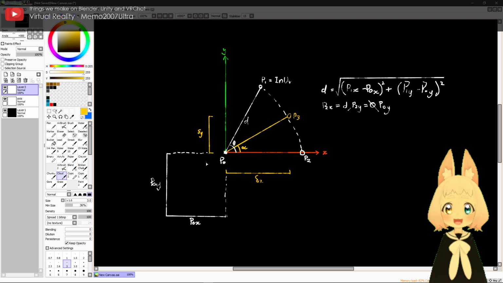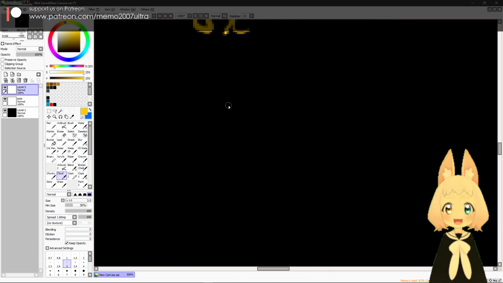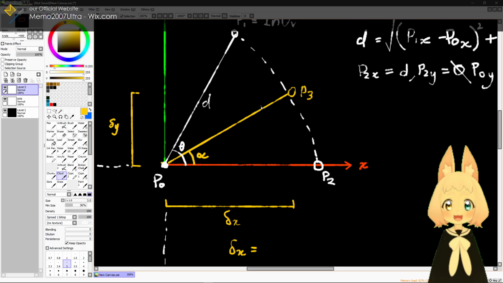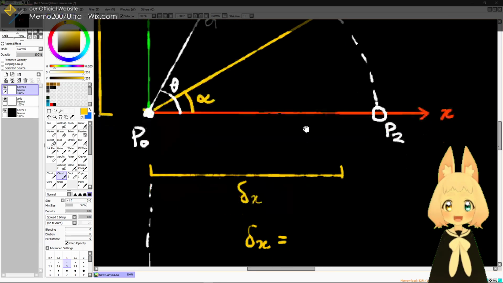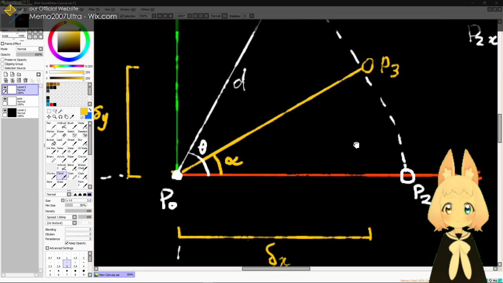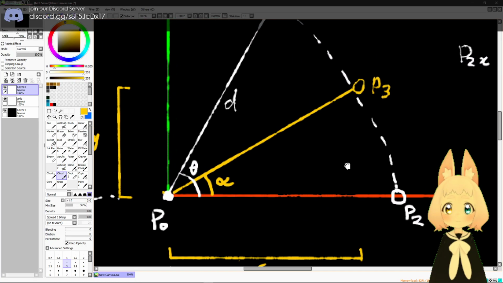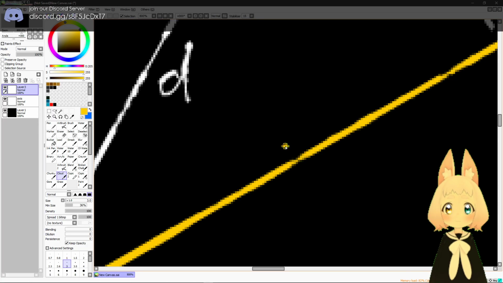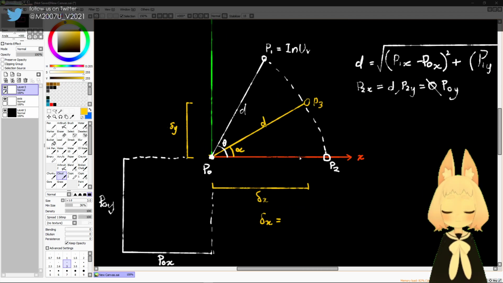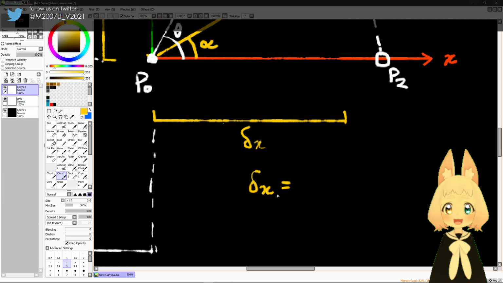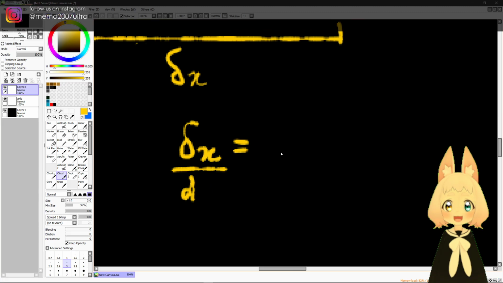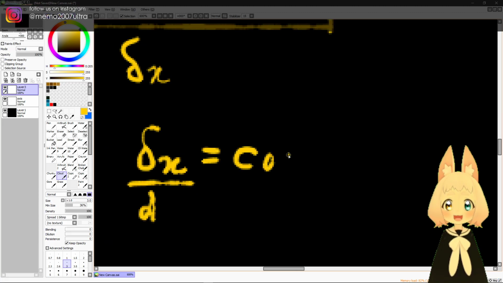Now, if we take a look at this, we know that if we look at delta x, now here's where trigonometry comes into play. Oh boy, let's go. Oh wait, if this is D, then this is also D. So if we take a look at delta x divided by D, then we know it's actually cos of alpha.